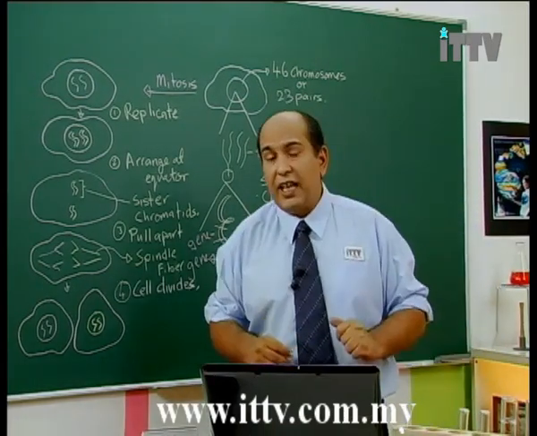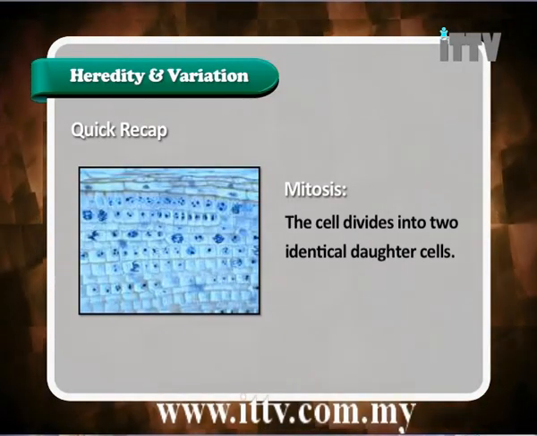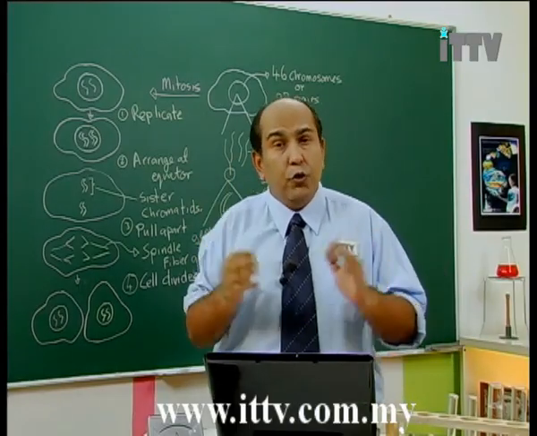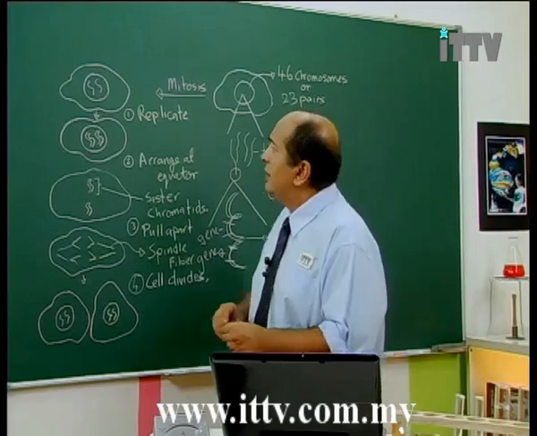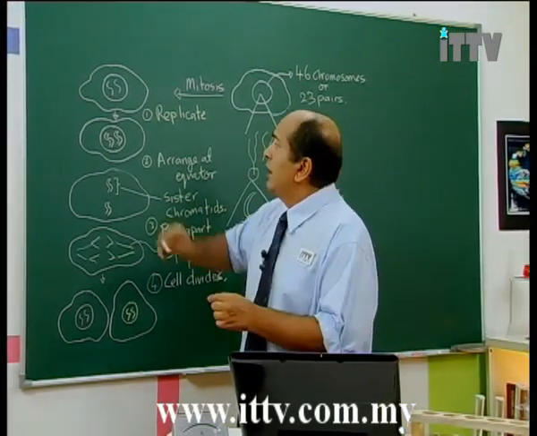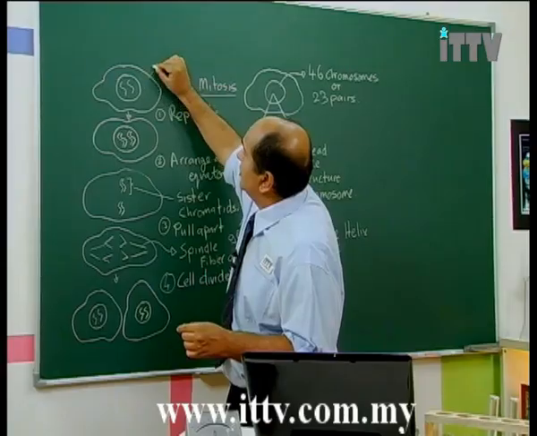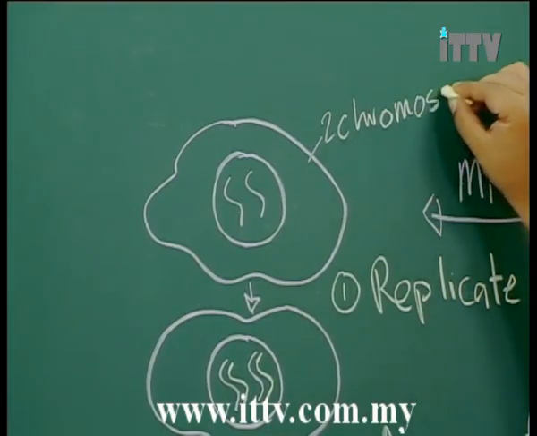Now let's jump back to the slide for a moment. Mitosis, the cell divides into two identical daughter cells. Okay, so we have two identical daughter cells. Now if we go back here, look at what we started with. Here we have two chromosomes. We'll just write a short form here. Two chromosomes.